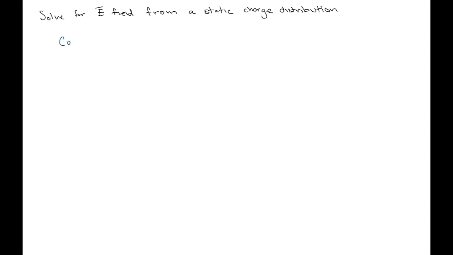Okay, so let's just review some of the ways that we've solved for electric fields in this class so far. The first way we learned about, and possibly the most challenging way, is to use Coulomb's law. Okay, which can be written in this form here, where the electric field can be discovered through what we call direct integration, or integrating over some charge distribution, either in 1 or 2 or 3 dimensions, right?